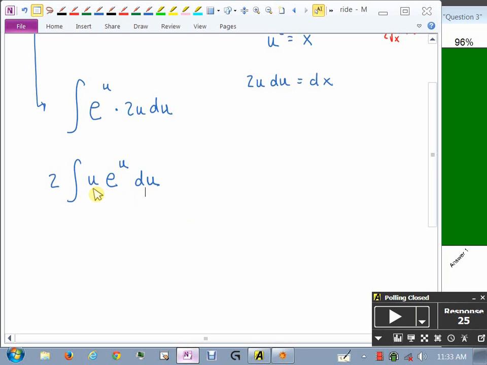The function that I want to be differentiated, that u is the one I'm going to want to choose, because in the new integral, it's going to be the derivative of that, which would be 1, right? See what I'm saying? Now this one I choose as my dv, and I'll have to take the antiderivative.